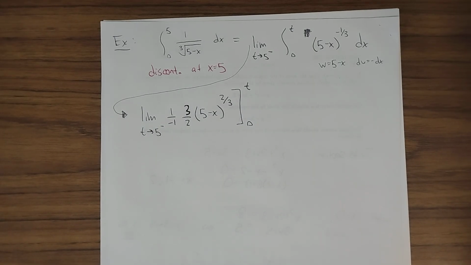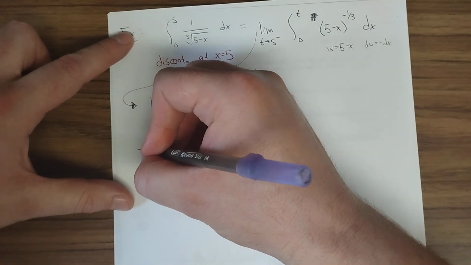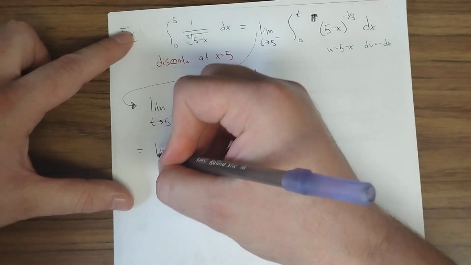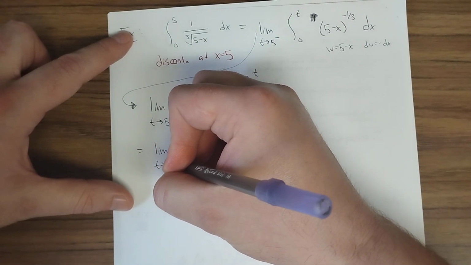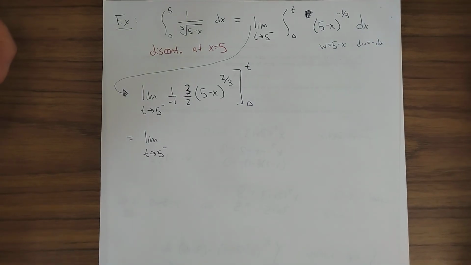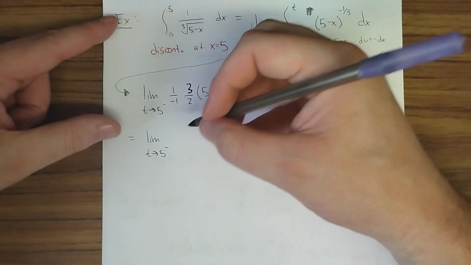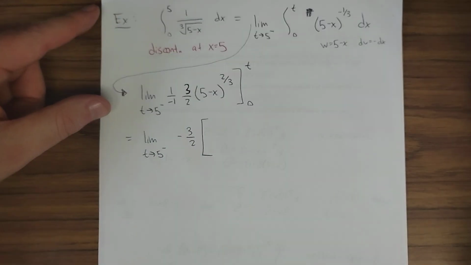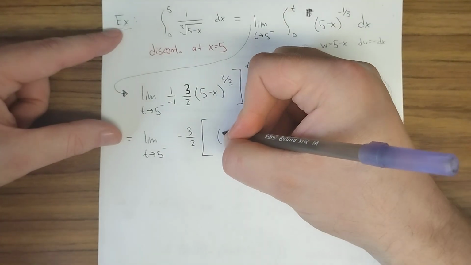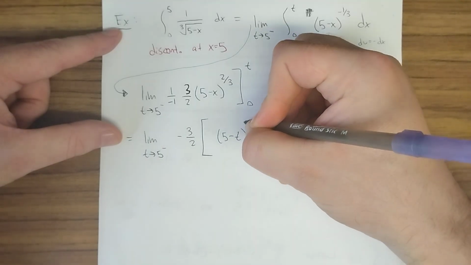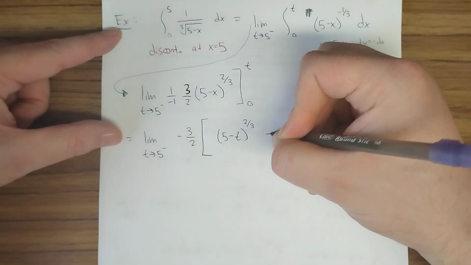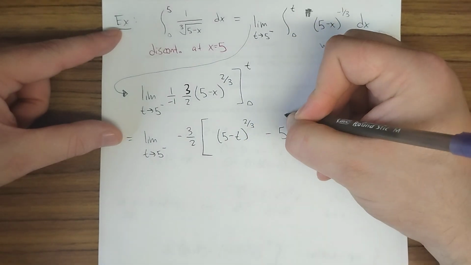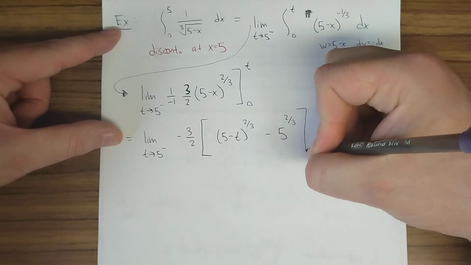From 0 to t, I'm going to plug these numbers in. So this is minus 3/2 times 5 minus t to the 2/3 minus 5 to the 2/3.